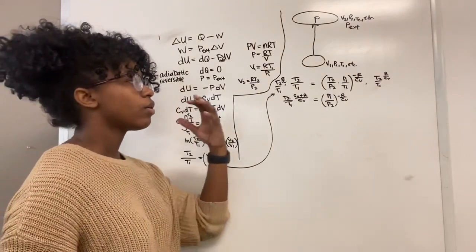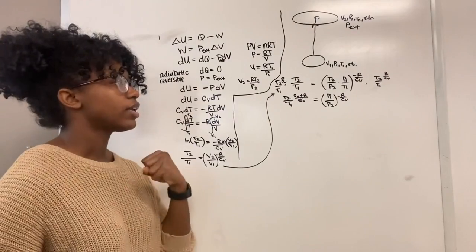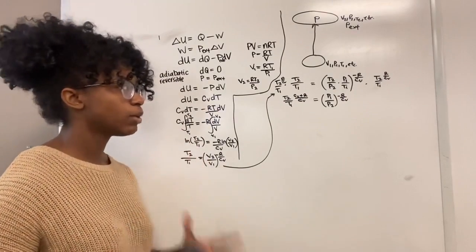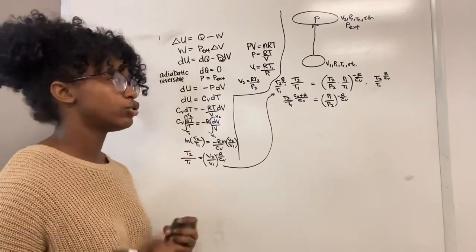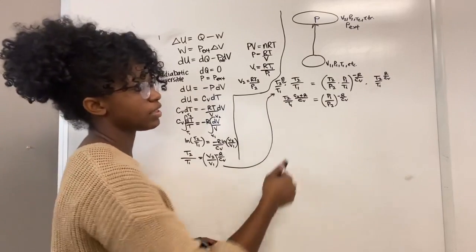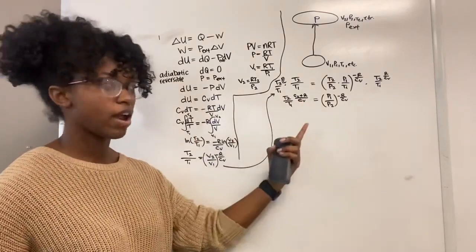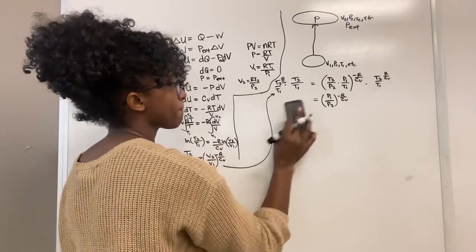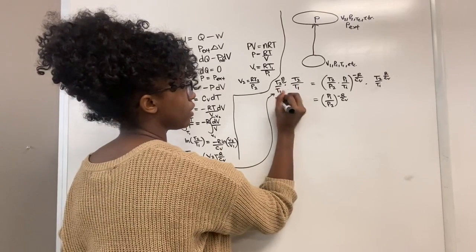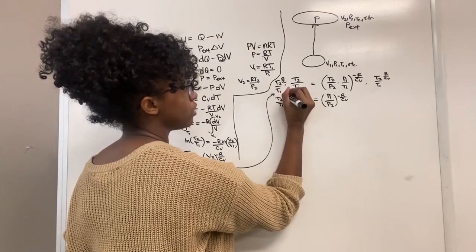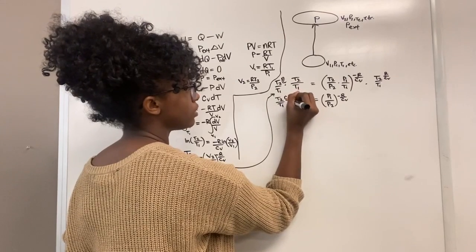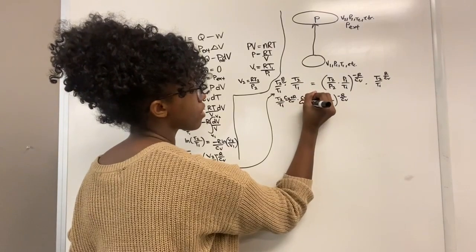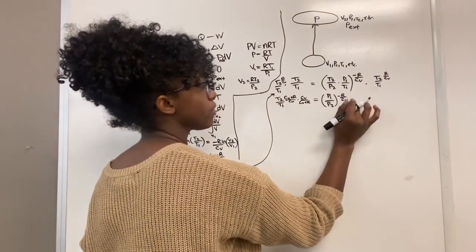And so we are going to want to get this relationship in explicit terms of the temperature so that we're not left with any exponents. So to do that, I'm going to multiply both sides by the reciprocal of our exponent on our temperature terms, which will be T2 divided by T1 to the CV plus R divided by CV times CV divided by CV plus R, and multiply this side by the same thing.